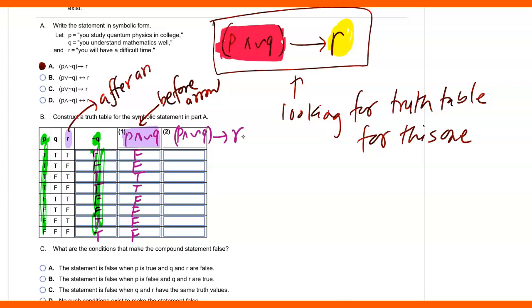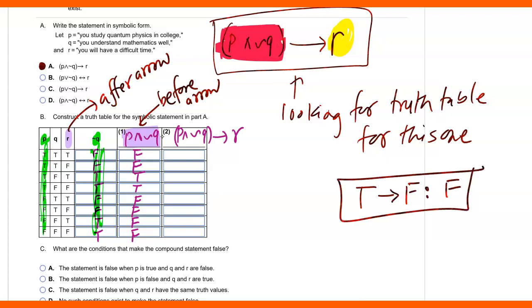You guys see that? In the conditional, if you have T right arrow false, it's going to be false. Other than that, it's always true. Therefore, to find the last column, look for this one first, because this is the before arrow. This is the after arrow.